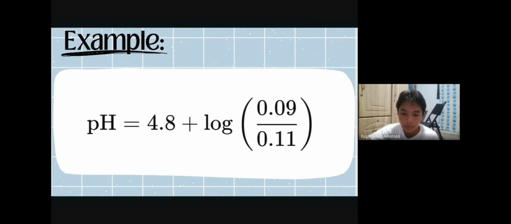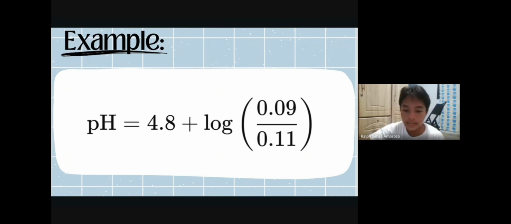Dito naman, let's say po na yung base po natin ay magiging 0.1 to 0.09. At yung acid po naman ay mag-change from 0.1 to 0.11. At nakuha po natin ang sagot niyan ay 4.71.